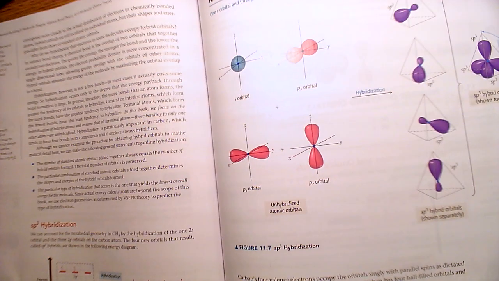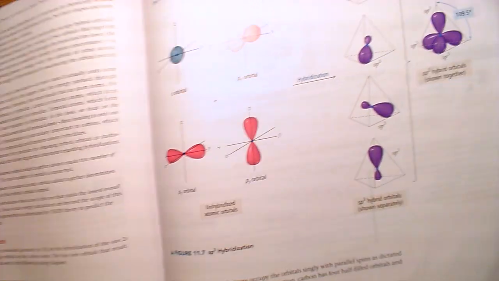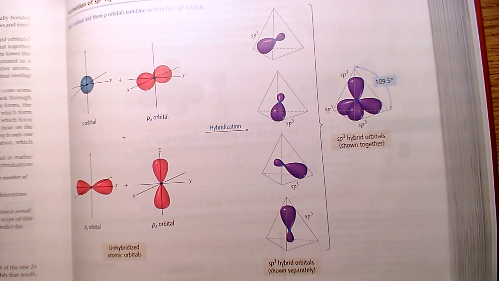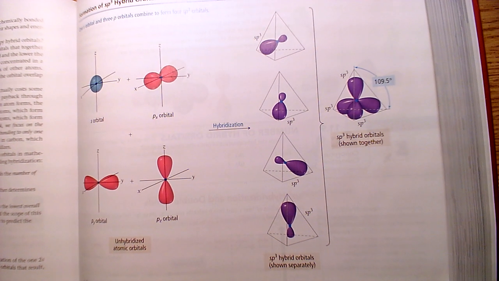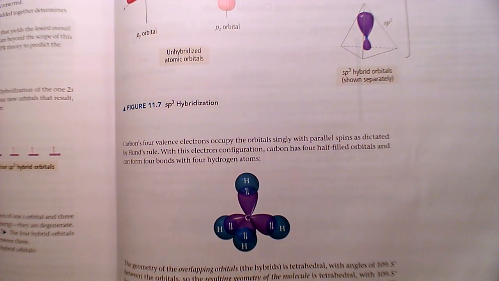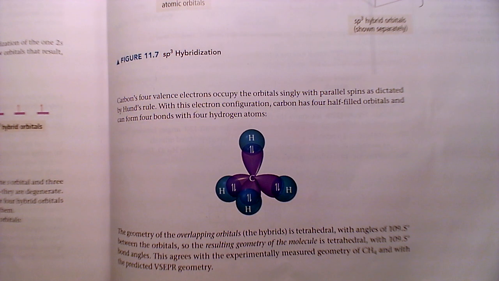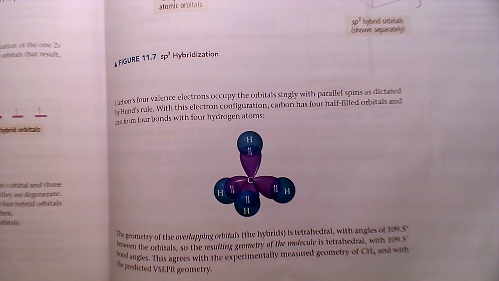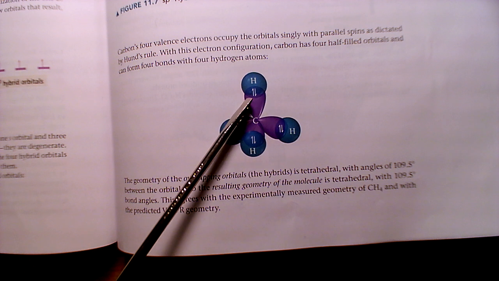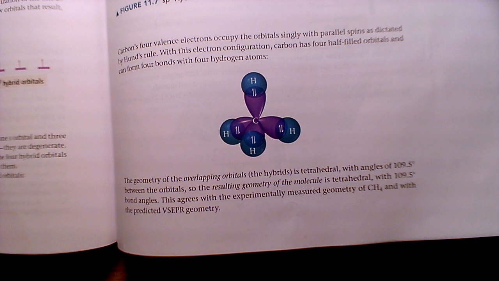They've got nice diagrams of the s orbitals and the p orbitals, and then when they overlap, here's our hybrid orbitals. This is page 459 in the book, and much better than I can, they have a nice picture of the methane molecule with the carbon in the middle here, and the electrons, and paired up with the hydrogen. So they do a pretty good job of that.